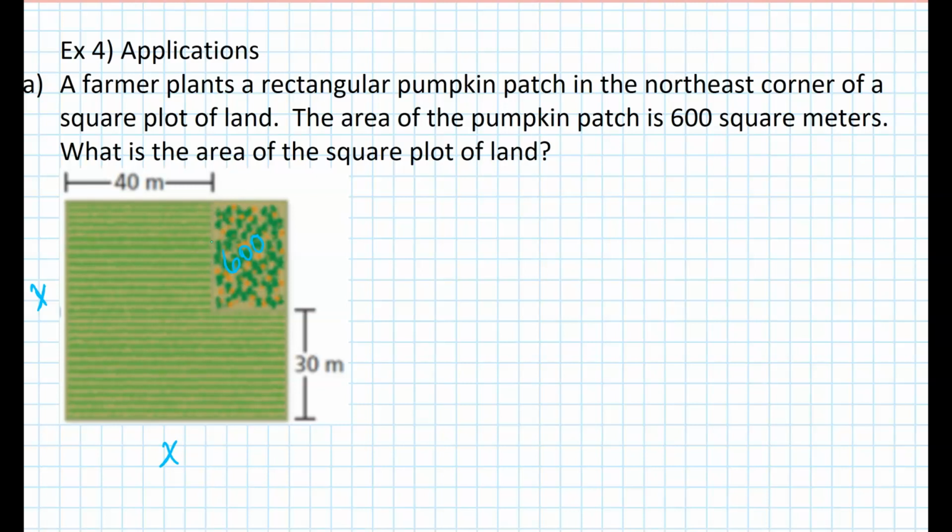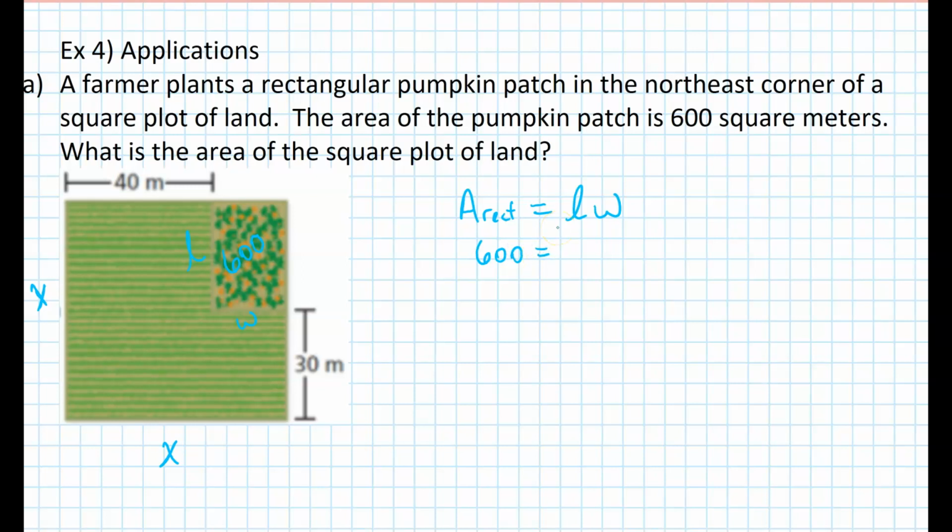How do we find the area of a rectangle? Length times width. All right, so I'm going to call this the length and this the width. So the area of our rectangle is equal to length times width. I know what that area is, but the problem is that length and width are two different variables. So I need a statement about them so that the variables are the same. The area is 600 square meters.